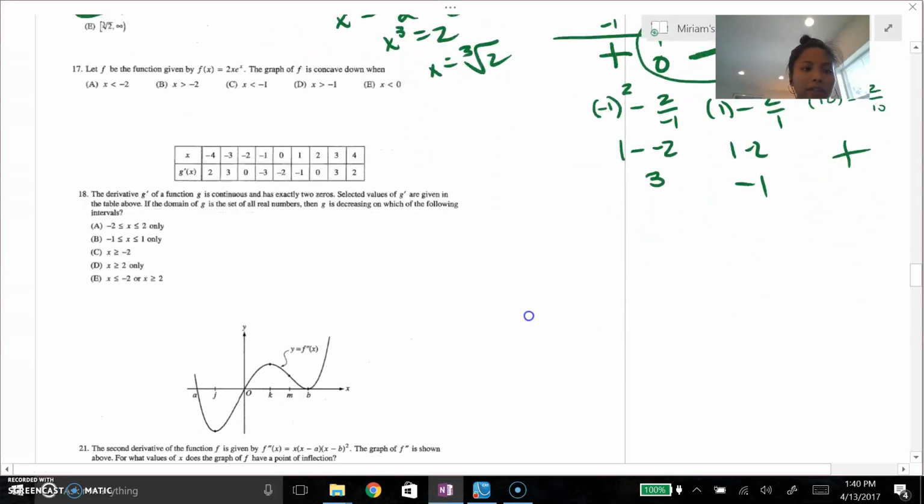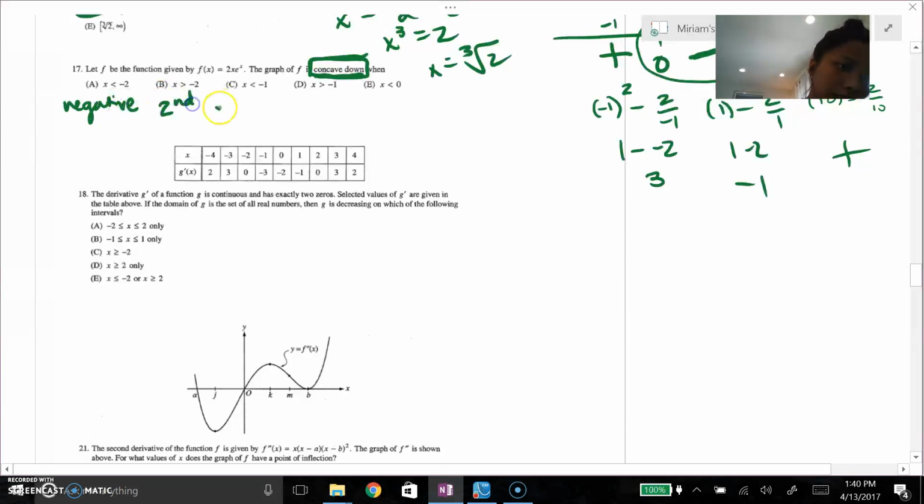All right, number 17. It says, let f be the function given by f of x equals 2x times e to the x. The graph of f is concave down, meaning negative second derivative, when... So I need to find the second derivative of 2x e to the x.